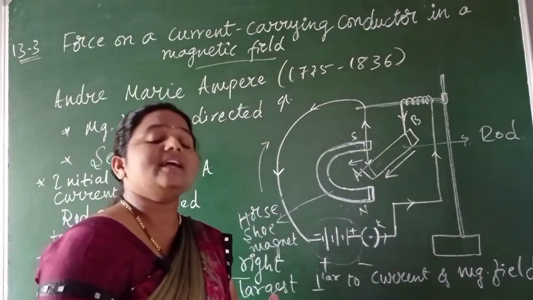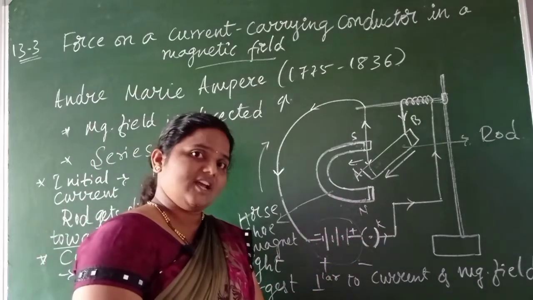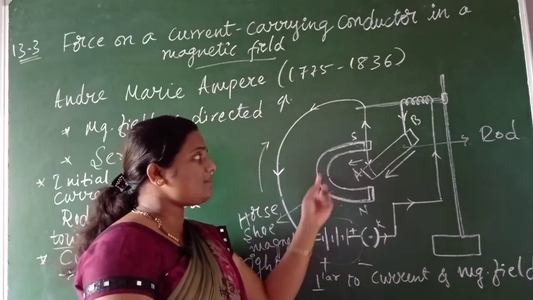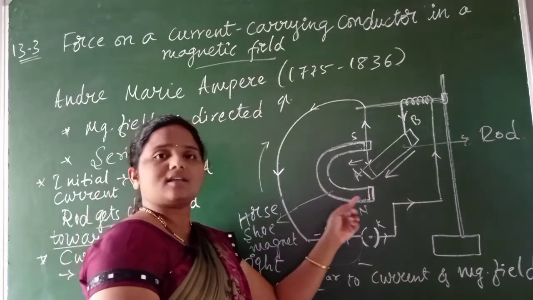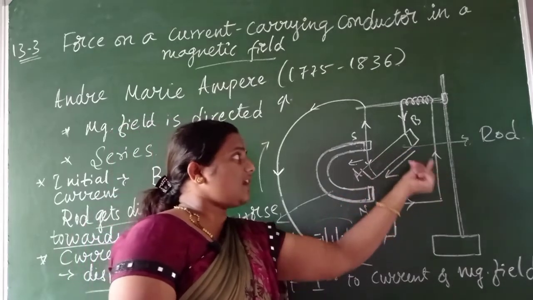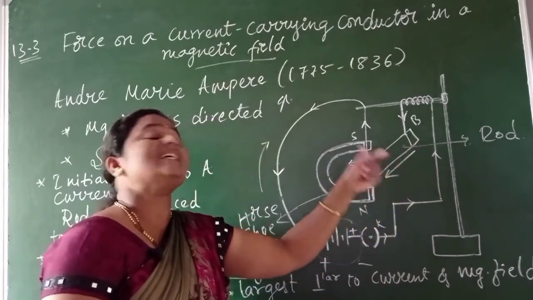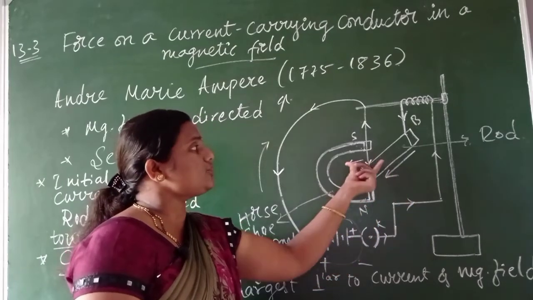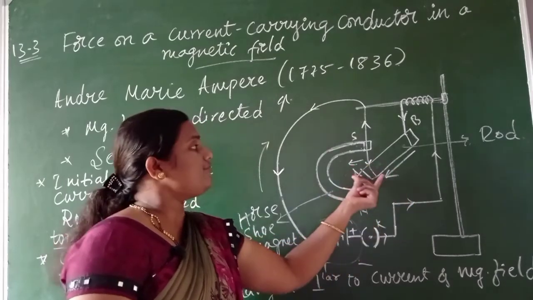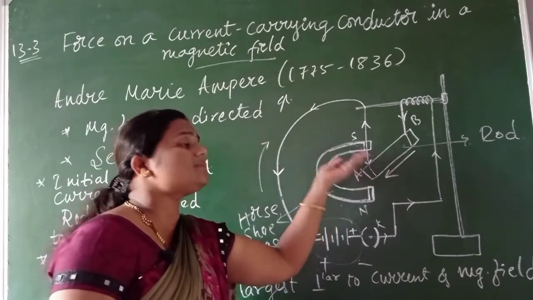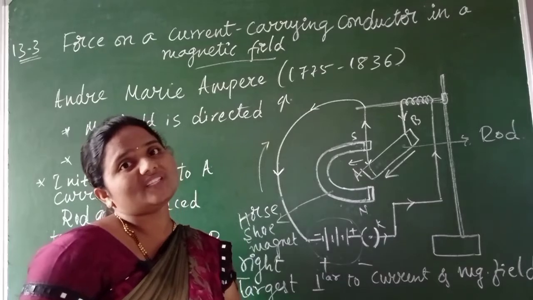This activity clearly explains what happens when a current carrying conductor is placed in a magnetic field. See, this is a magnet, a horseshoe magnet, which is a powerful one. This is one magnet, and now when we pass current to this rod, it also becomes a magnet. Because of these two powerful magnets, a force is generated, and because of this force, the displacement is observed here.